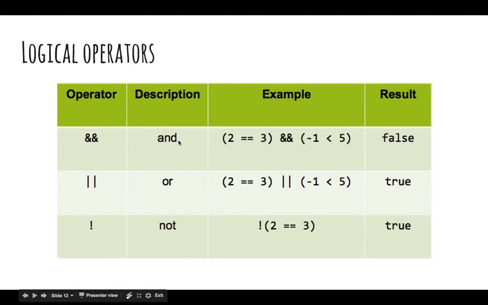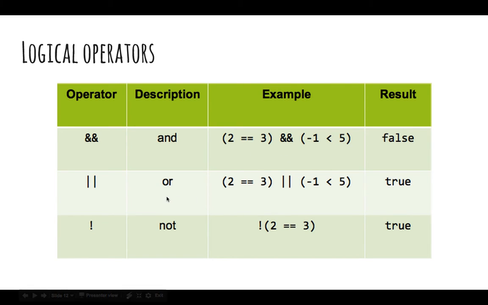For AND to work, both your first and your second relation must be true. I see here 2 equals 3 is false. -1 is less than 5 is true. True and false evaluates to false. In order for AND to work, it must have evaluated to true and true.